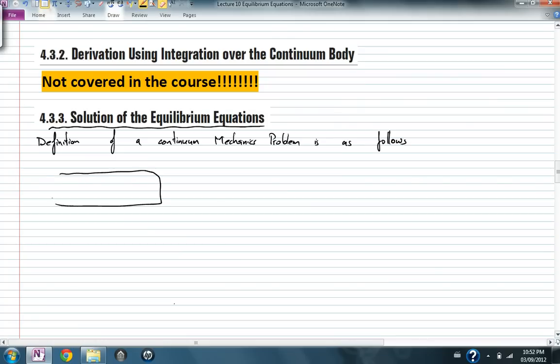Given an object described by a set of vectors omega naught, and boundary conditions of displacements, u equals 0 or u specified, and boundary conditions of stress, or forces per unit area, or traction vectors. I know Tn, which is equal to sigma transpose n, given on part of the boundary.